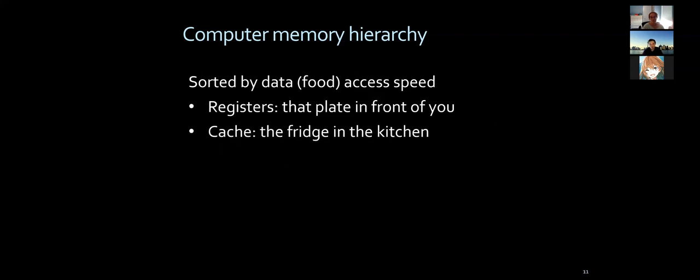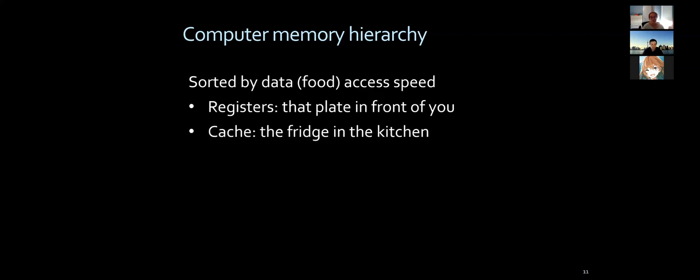There are different analogies you can make about memory hierarchy. I guess we're approaching lunchtime soon, so hopefully you're not too hungry, but if you use a food analogy here, registers are a plate in front of you, which a lot of you might consume while I'm talking, I'm pretty sure. So this is a register, right in front of you.